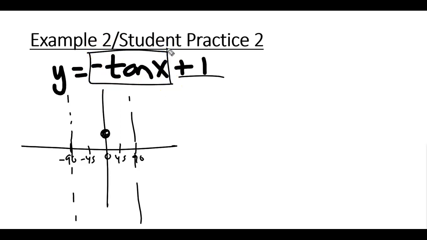Now when you have a negative tangent, it looks like a cotangent graph. In other words, it goes left and up, down and right. So since you can imagine there being a 1 here, that would mean I go left 1, up 1, and right 1, down 1.